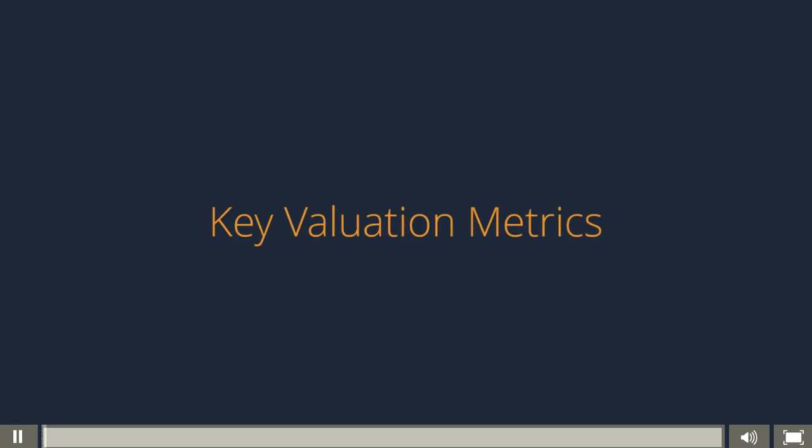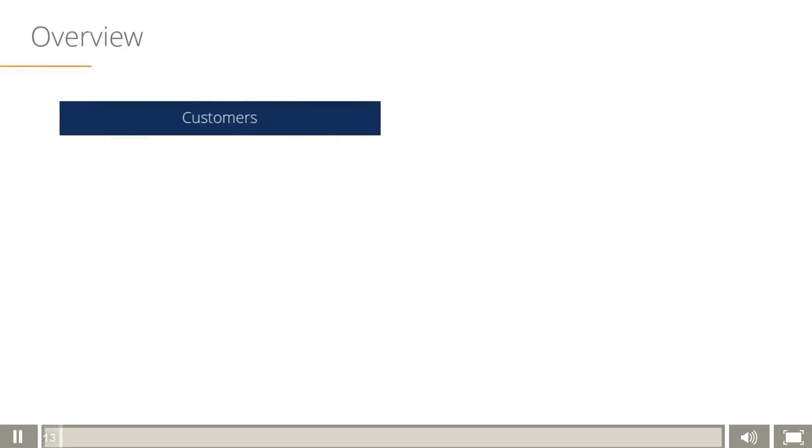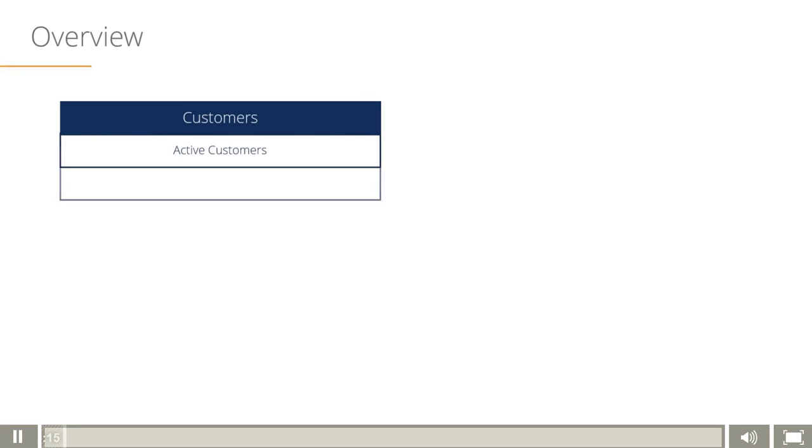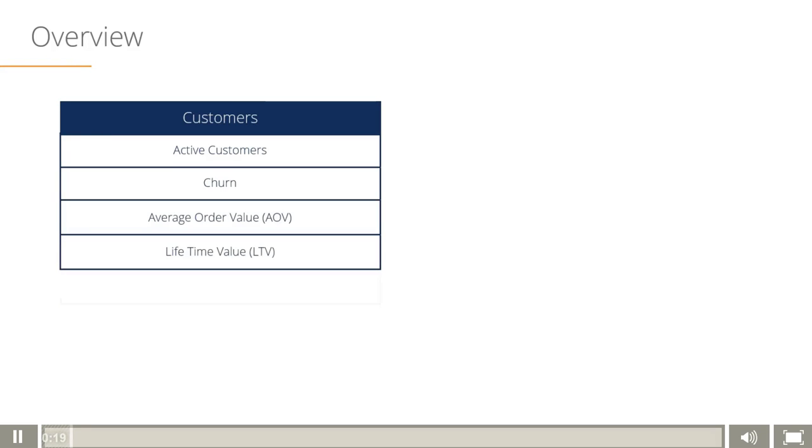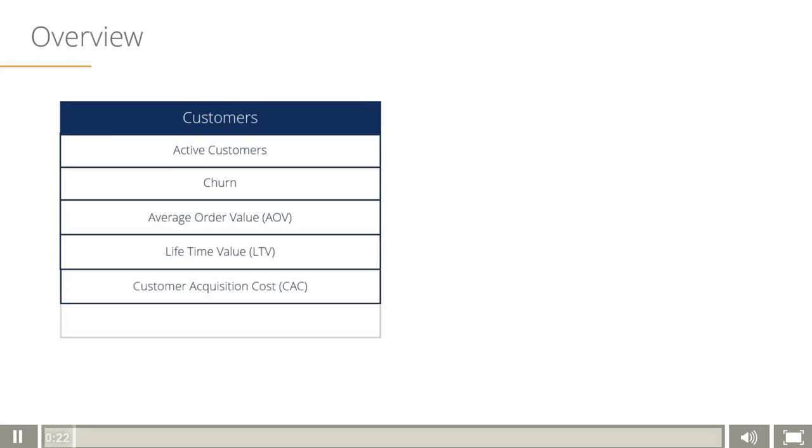Now we're going to talk about key valuation metrics that are used in the e-commerce industry. These are critical to understand when building a financial model and understanding the outputs that most analysts are going to talk about. There are two main categories of metrics: customer metrics and financial metrics. First, a quick overview on the customer side of metrics.